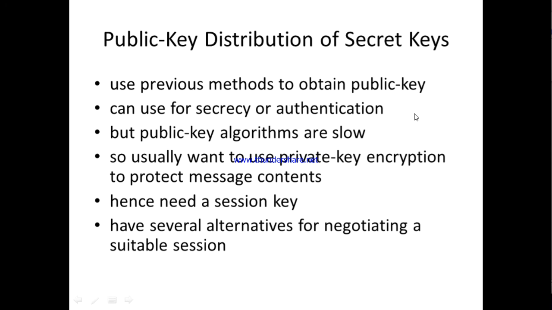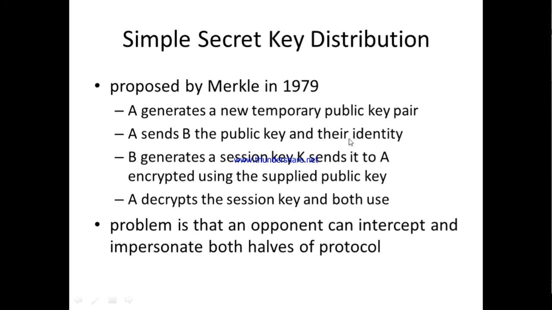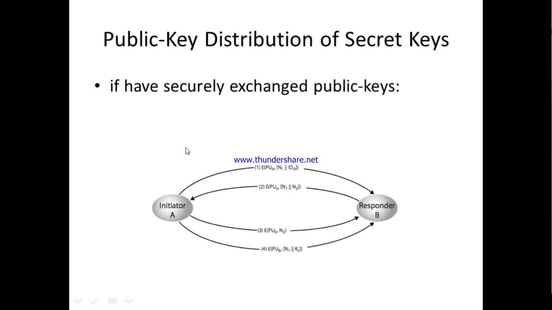So to overcome this, we use the public key to distribute the key, because using the public key for encryption and decryption becomes slow. If I use the private key, the distribution of the private key is difficult. So we go for the public key algorithm for distribution and the private key for encryption and decryption. Hence, secret key distribution using public key cryptography.